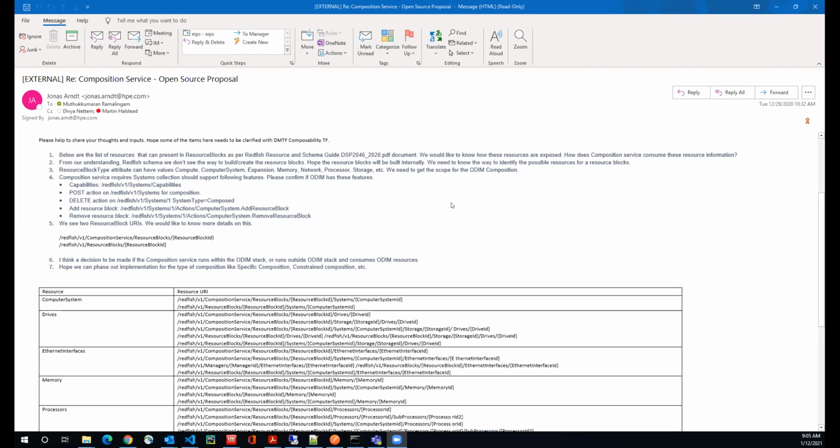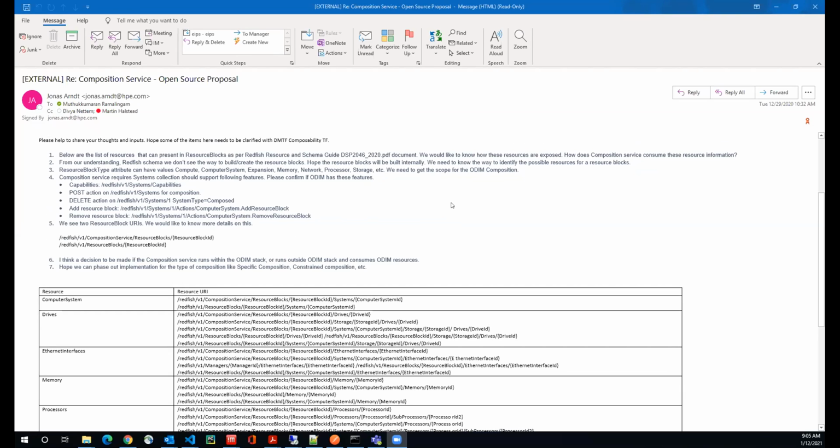We listed them in the table below. Probably I will share it in the email later. It has computer system resources. The resource blocks have different types, included like system resources, storage resources under the systems, and memory, processor, and other network type resources.